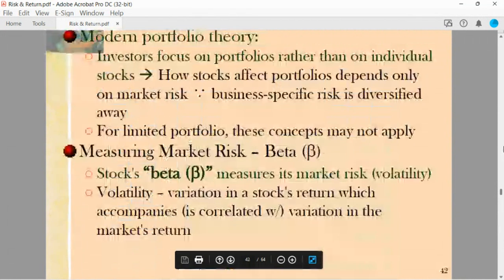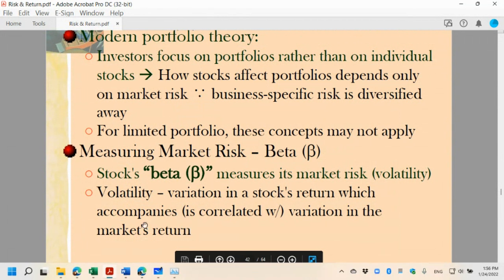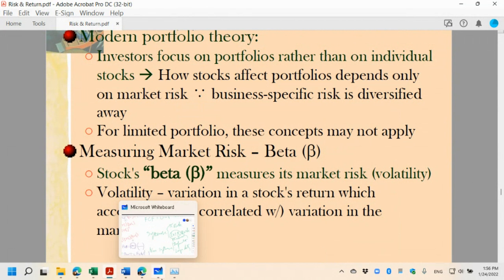So in other words, in general, S&P 500 dropped, let's say 5%. How much did my stock drop? How much did Apple drop? If Apple dropped also 5%, the correlation between market return and Apple is just 1.